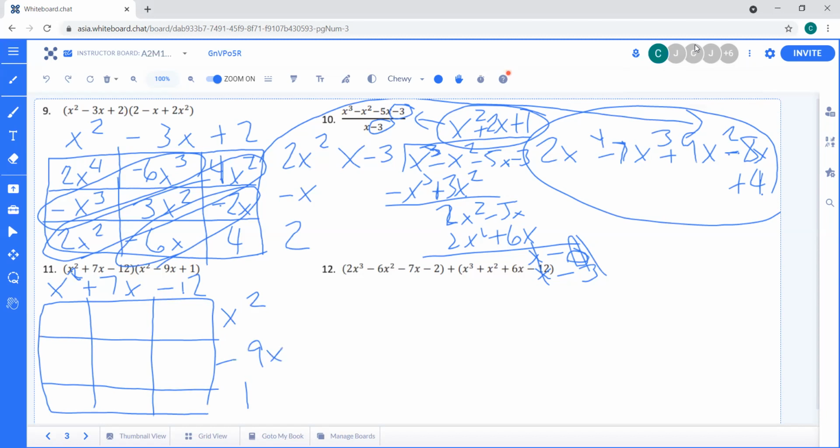Okay, so this is going to be x to the 4th. You should be able to look and know that, just like you should know this down here should be a -12.